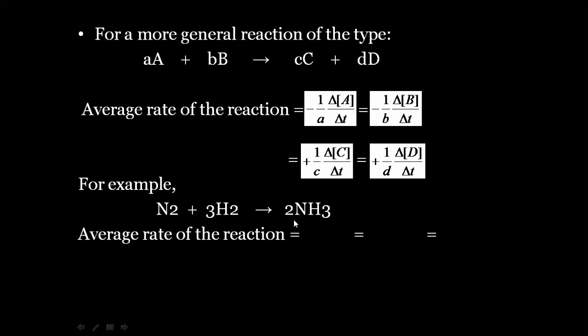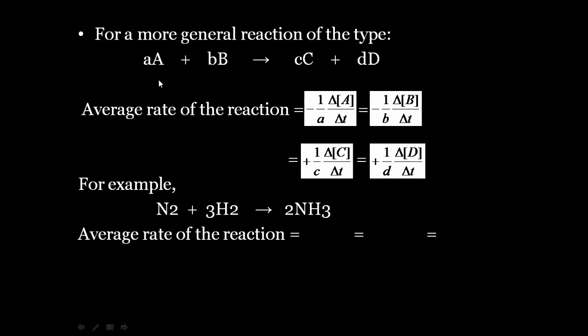Are they equal? Obviously not. In the same interval of time, 1 mole of nitrogen reacts with 3 moles of hydrogen to give 2 moles of ammonia. So the change in concentration of the reactants and products is not the same.